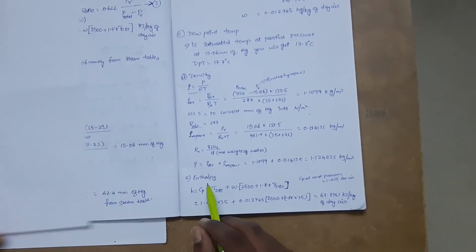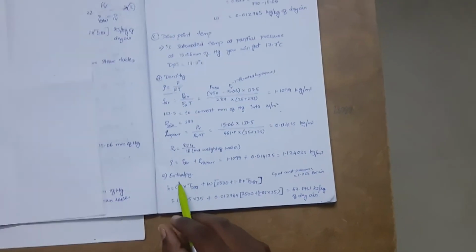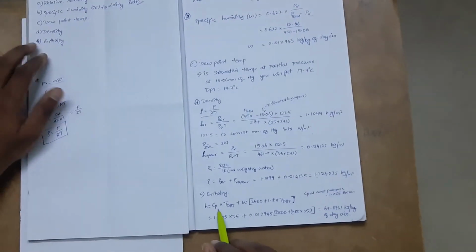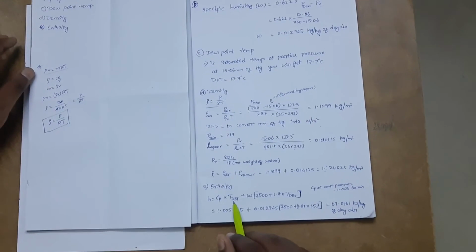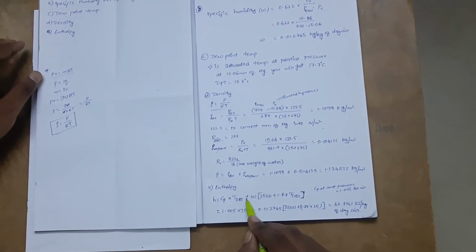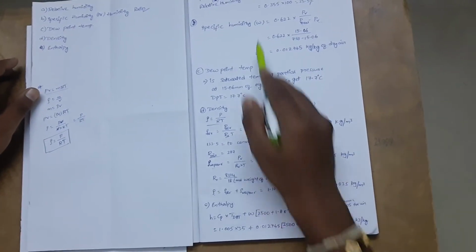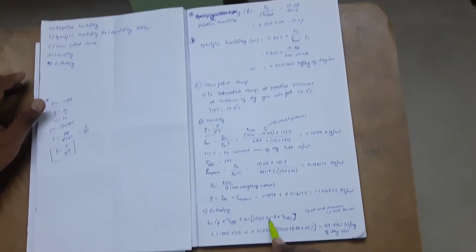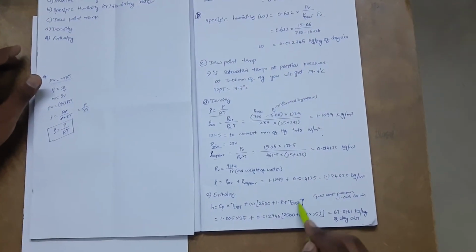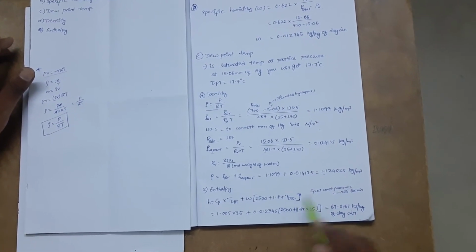Then we have the formula for enthalpy. This is the last one. Enthalpy is equal to Cp into TdBT, dry bulb temperature, plus W, specific humidity, into 2500 plus 1.88 into T dry bulb temperature.